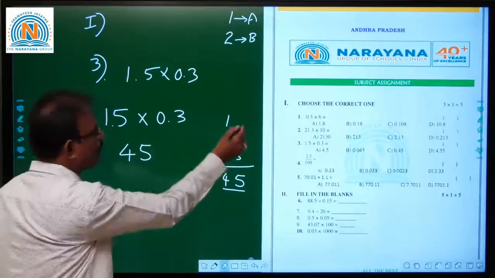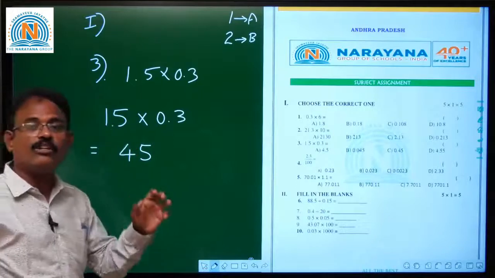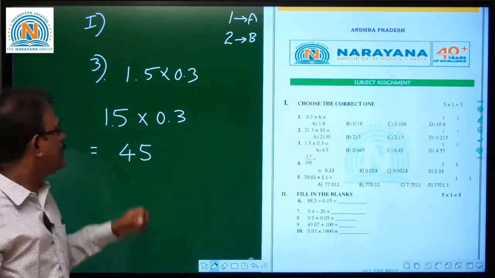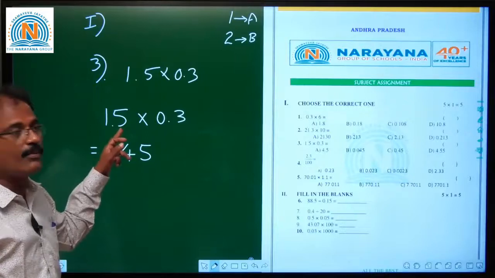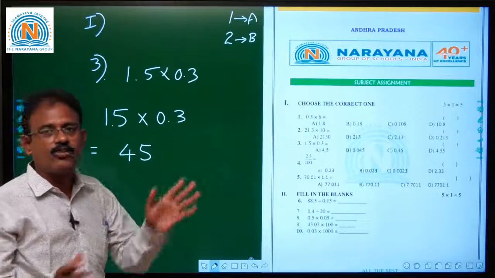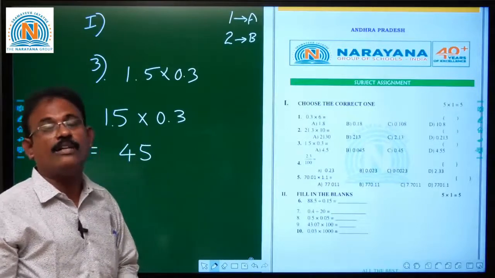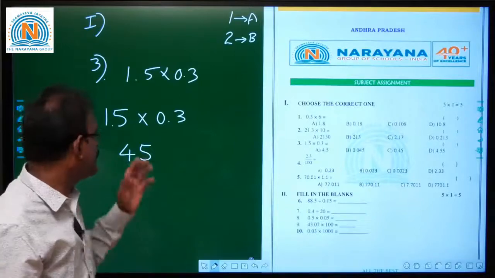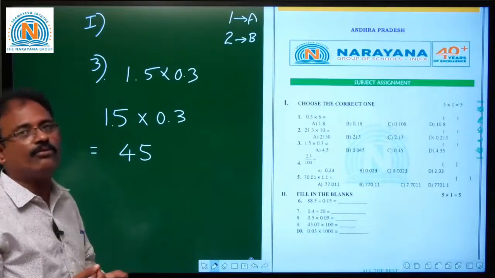Now let us recall the position of the decimal point. In 1.5 we have one digit after the decimal point. Here we have one digit after the decimal point. Together we have two digits after the decimal point in this product. So let us keep the decimal point two digits before.